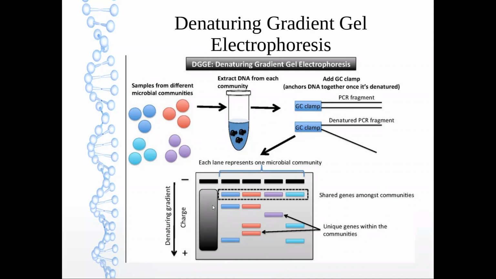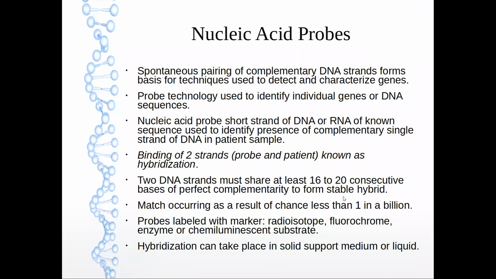What do I mean by a clamp? It's because the genes hybridize with one another. The shared, double-stranded genes will be left here, while single-stranded genes go forward. The genes that are denatured do not have a hybrid because they are unique ones, so they go forward. So basically, that's DGGE.